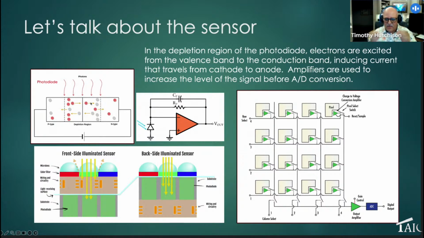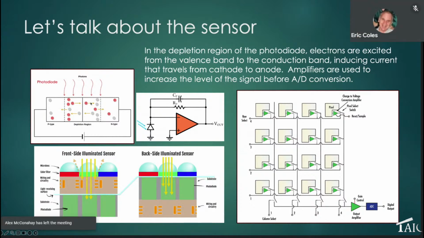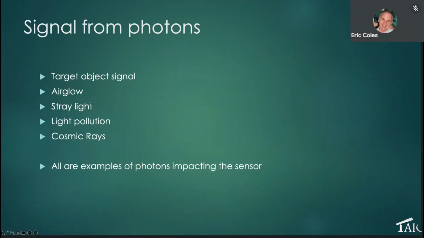So we talk about electrons when really what we're talking about is photons. And there's a proportional relationship between the number of photons that impact the depletion region and the number of electrons. So we're going to be saying electrons a lot, but understand that there's a proportional relationship between those electrons and the photons that actually have impacted our sensor.